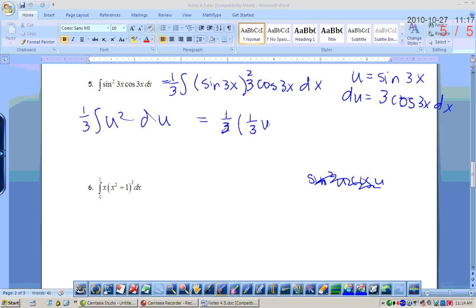Yep, 1/3 u cubed plus c. So 1/9 u cubed, where u is sine 3x, is sine 3x cubed plus c. When you've picked the right thing to let u be, you're going to know it.